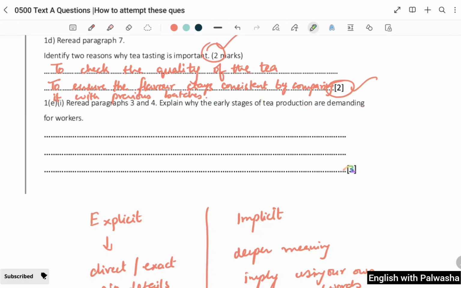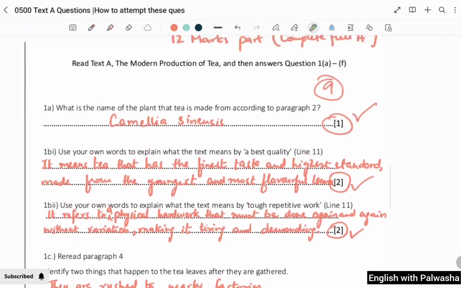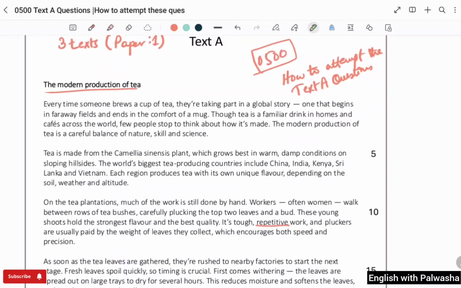Now this question is a bit detailed, where you have to add details. It's more like a writer's effect question, but again the information is from the paragraph, so it's not going to be exactly the writer's effect question, but you have to mention from the text why the early stages of tea production are demanding, right?